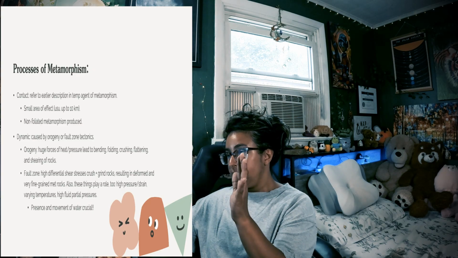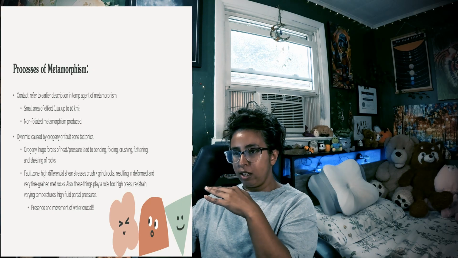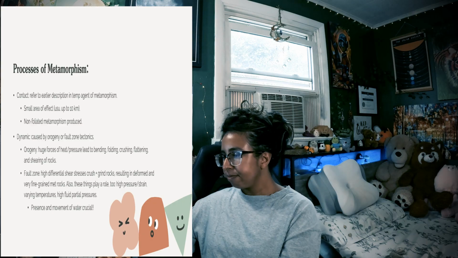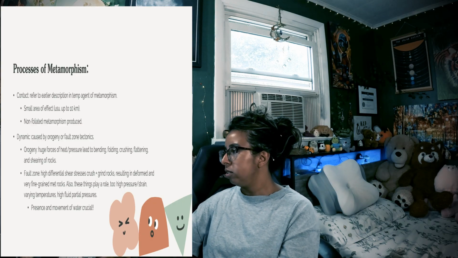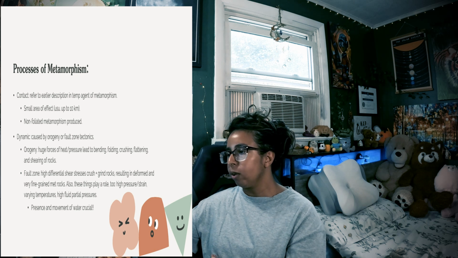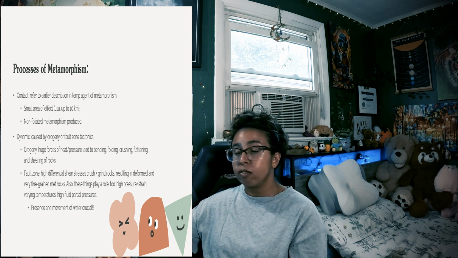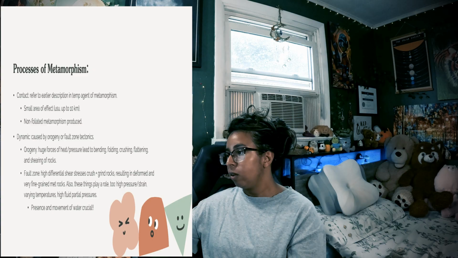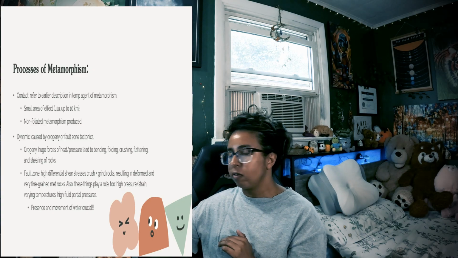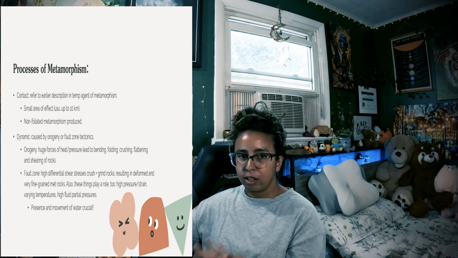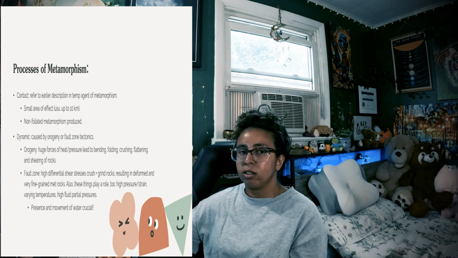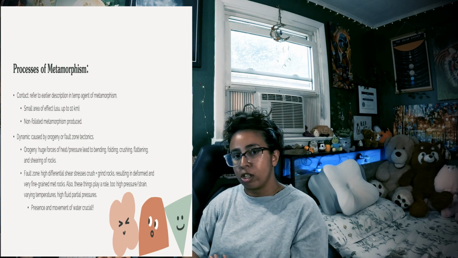Anyways, like I was saying, with contact metamorphism you see a lot more non-foliated rocks emerge. And then, of course, and we're still on slide 12, fortunately, dynamic metamorphism. You will see this either in mountain building events or fault zone tectonics, which I may also make a future video on, just so you guys are aware. In terms of orogenic metamorphism, it's basically huge forces of pressure and heat that tend to bend, fold, crush, flatten, and shear rocks.